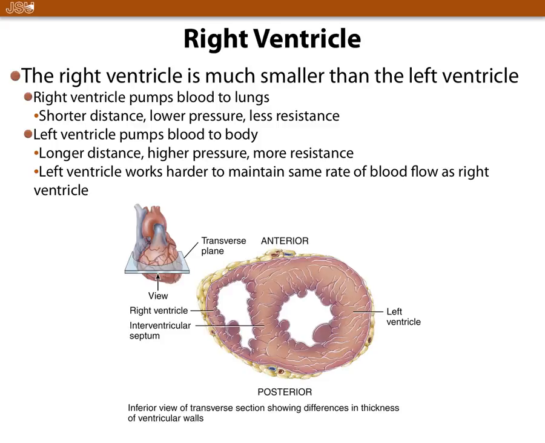The left ventricle is pumping blood from the heart to throughout the body, the brain, the stomach, the gut, muscles in the legs. Which one is going to have more muscle? Well, the left ventricle is going to pump it through more of the body than the right ventricle. So the left ventricle has more musculature, more muscle development than the right ventricle.